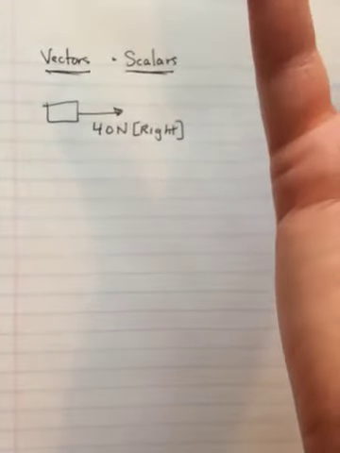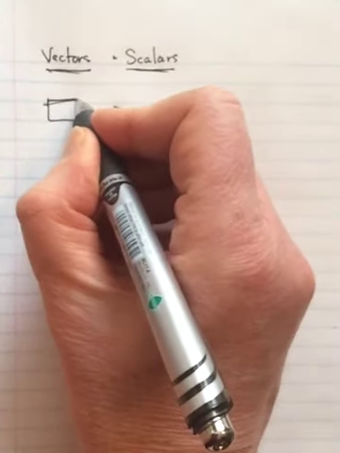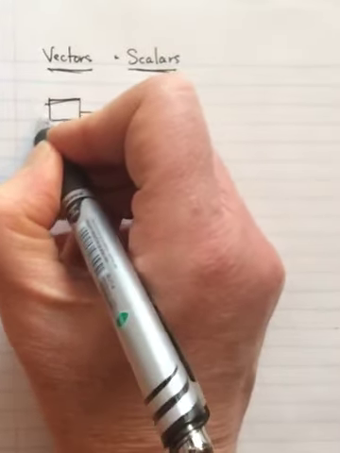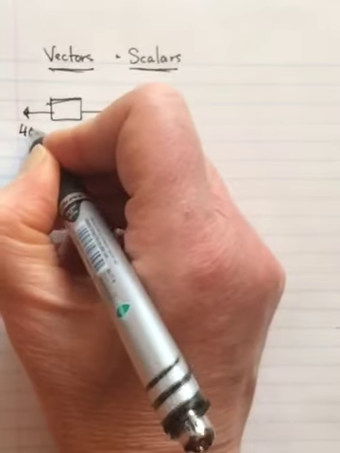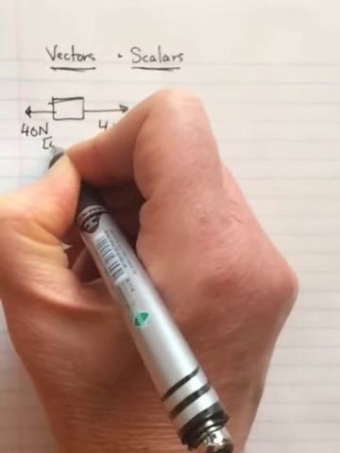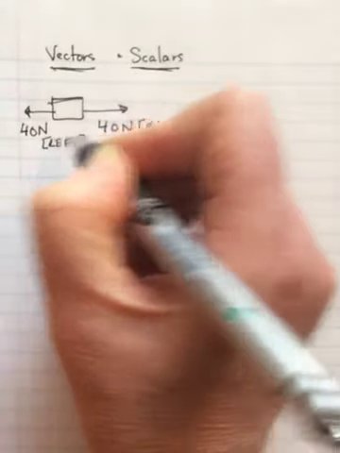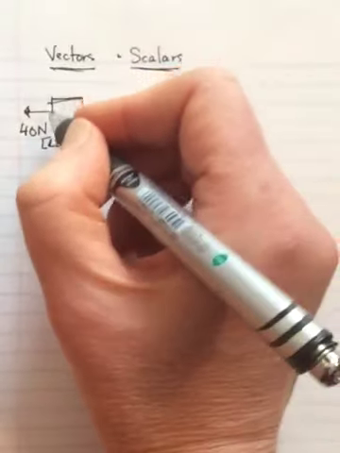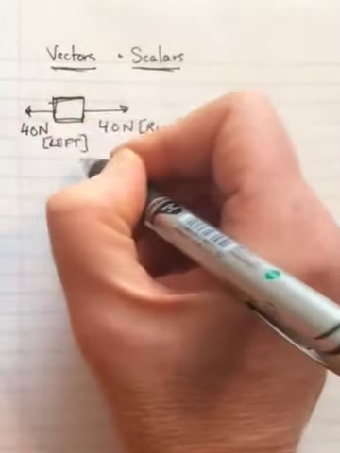Like if I have a box on the floor and I ask two of you to push with the force of 40 newtons so that you can move it down the hall, and I don't tell you the direction, the two of you might push with 40 newtons, but one might push with a force of 40 newtons right, and the other push with a force of 40 newtons left, and you won't be going anywhere in a big hurry.